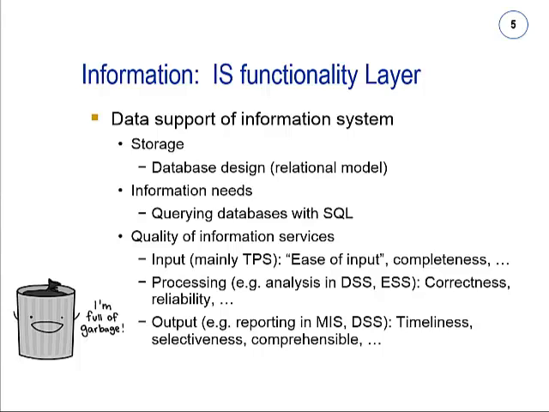Also, the information that is being output should have the right level of detail. It should have the right level of selectiveness. If we need information for exam boards, we do not need information about a student's birth date or a student's gender. That's not relevant for that particular process.